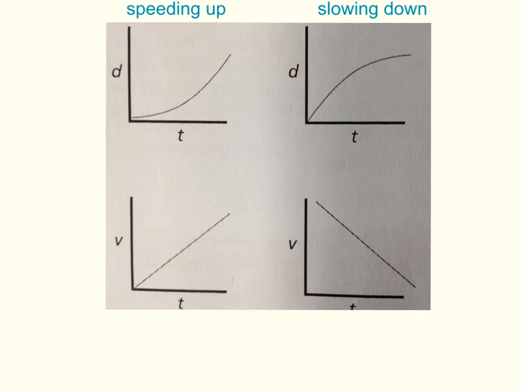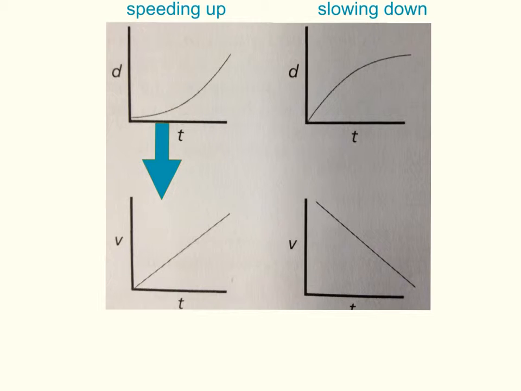Here are the 2 graphs we were just looking at. The object on the top left in that position time graph is speeding up, and the object on the top right is slowing down. Now we can take the information from a position time graph and we can make a velocity time graph with it. The top left graph, when drawn on a velocity time graph, has a straight line that is angled up.